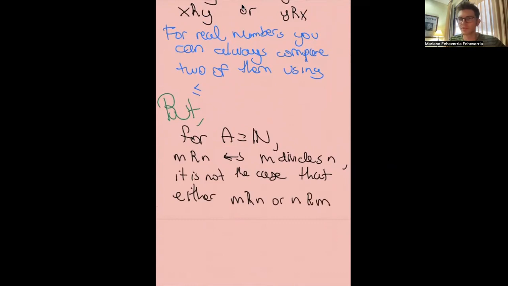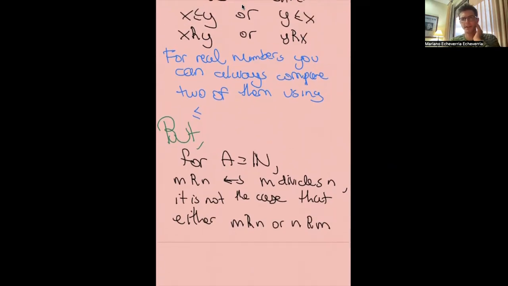Which two examples did we give? I gave an example earlier. What could you take m and n to be here, where this does not happen?